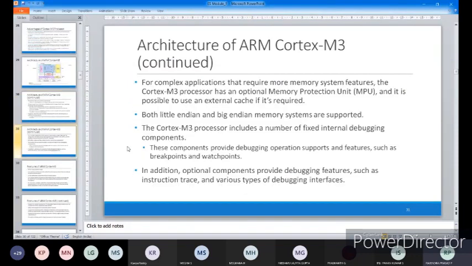Okay, so the next part continues. This is all about the architecture of ARM Cortex M3, meaning the features which we are going to learn. For complex applications that require more memory system features, the Cortex M3 processor has an optional memory protection unit, which we call the MPU, and it is possible to use an external cache if required.